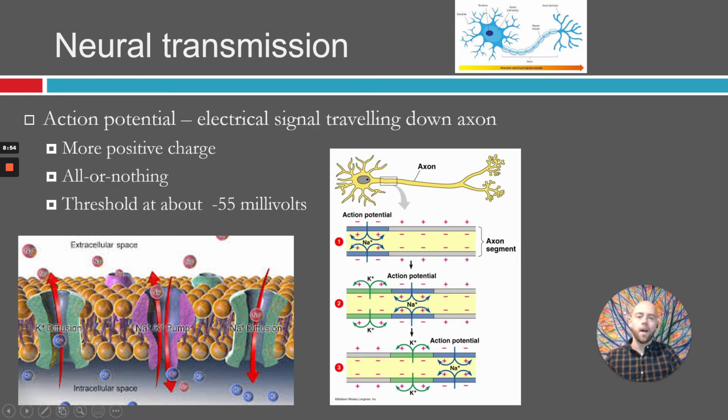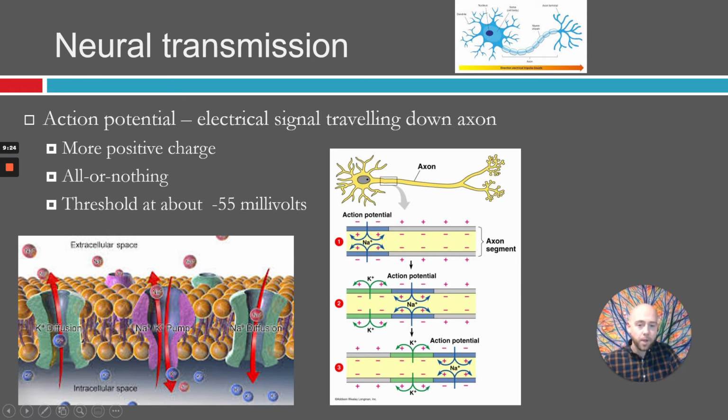So to zoom up on this just one more time with another diagram to show you how this might happen. This change in charge kind of zooms down your axon based on how these pumps are working. So it might be that certain pumps are letting in positively charged sodium ions to change this part of the axon to be slightly more positive.